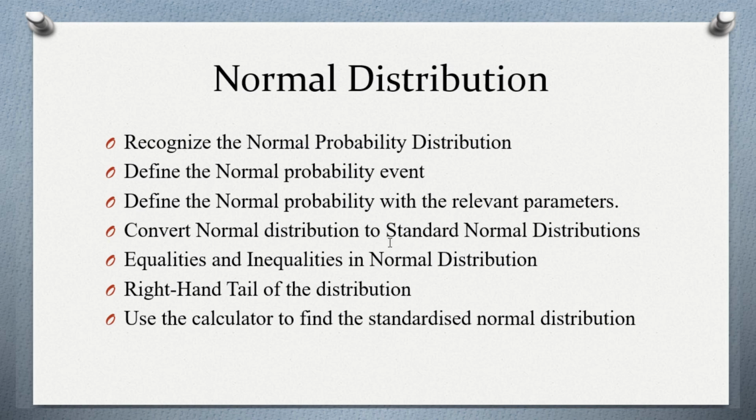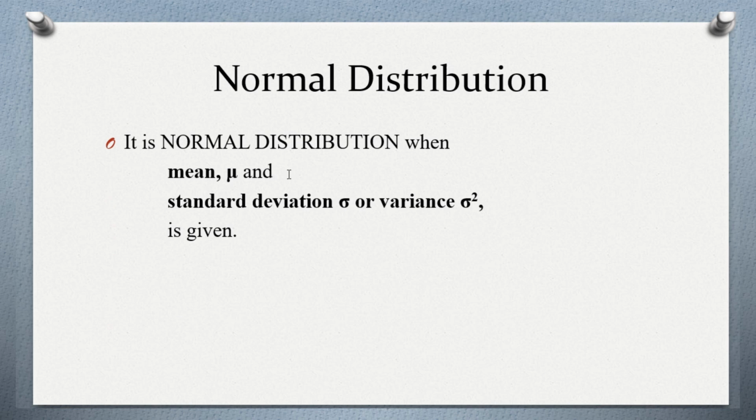This one you also did in semester 2, where you change it to z-score, and then you know how to use the equalities and inequalities of normal distribution. The right hand tail, using the calculator to find. Before this, in semester 2, you found up to z-score and then you stopped there. Now we will find the probability using your calculators.